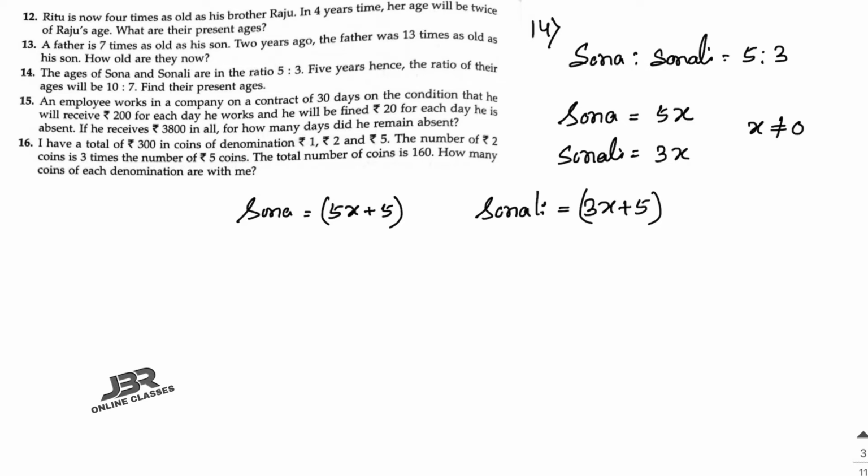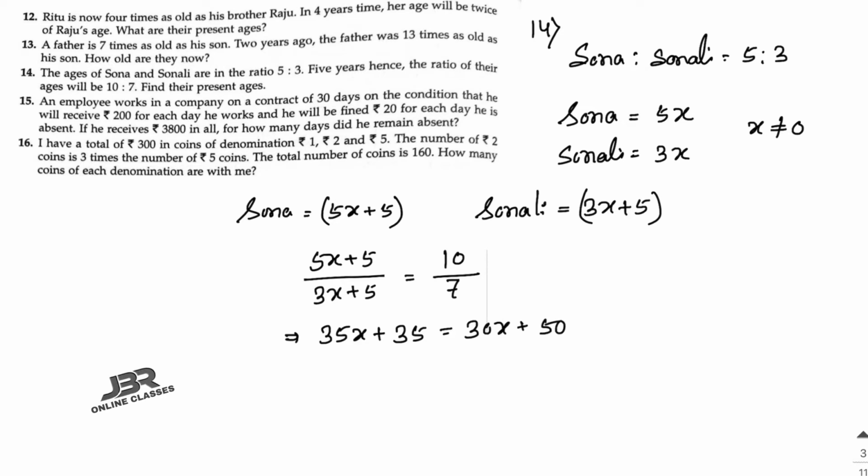Now the ratio of their ages is 10 is to 7. So first write down 5x plus 5 divided by 3x plus 5, that one equal to 10 by 7. Okay, now cross multiply. 7 5s are 35x and 7 5s are 35, 10 3s are 30x, and then here 50.